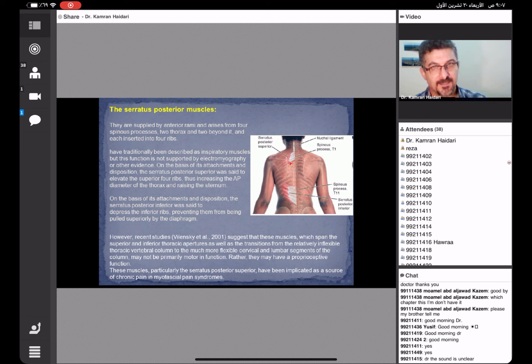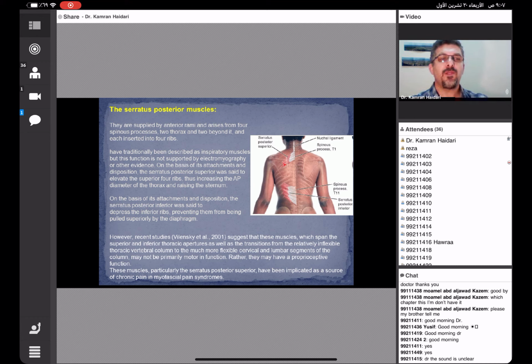Then the contraction of all the intercostal muscles, external, internal, and innermost, approximates two ribs in the intercostal space, and because of this, all ribs move up toward the serratus posterior superior.